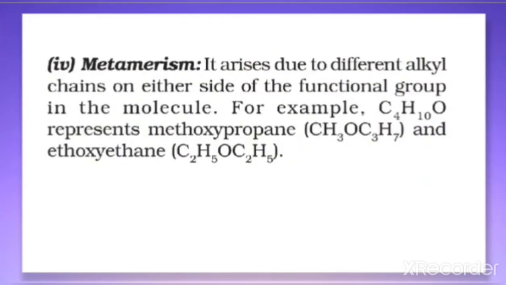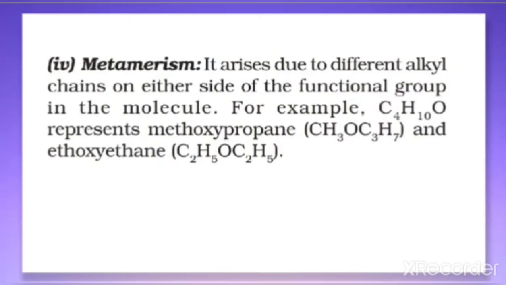The next one is metamerism. It is due to the different alkyl chains on either side of the functional group in the molecule. Let us take the example, methoxypropane. The formula is CH3OC3H7.